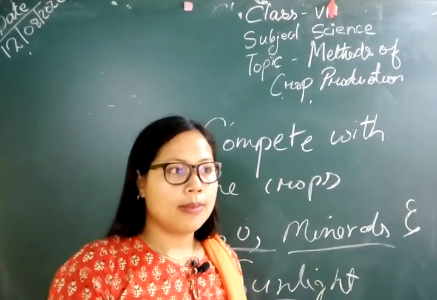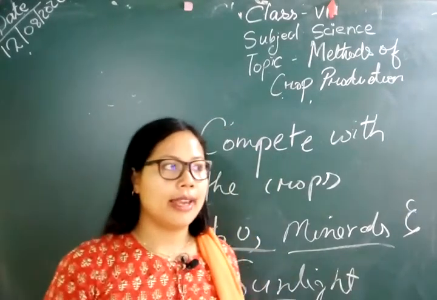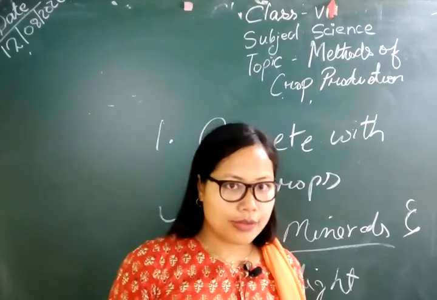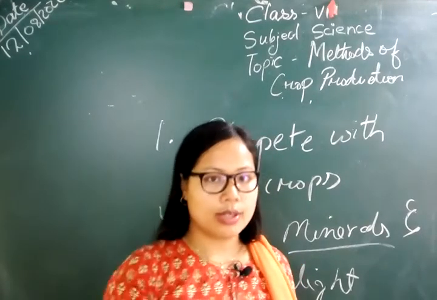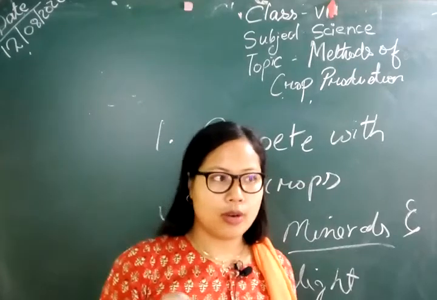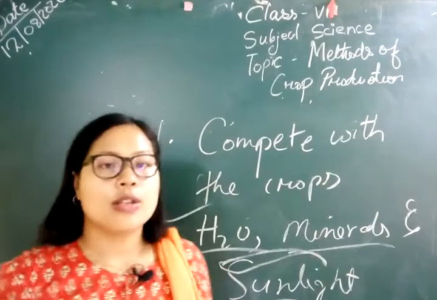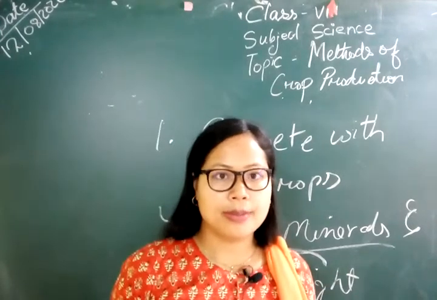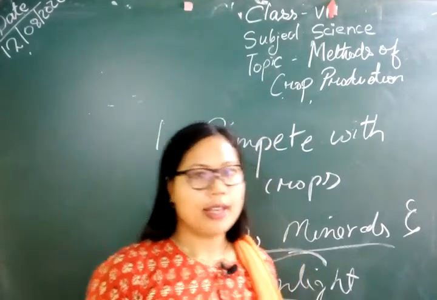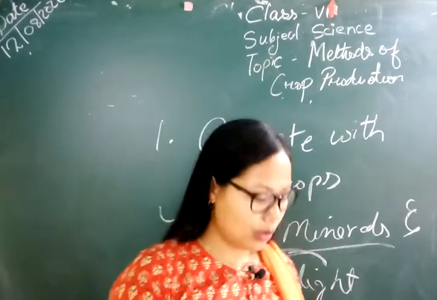When the crops are not at the perfect distance, and weeds are included, there will definitely be deficiency of these important things. Ultimately your crops will die, or you will get less yield of crops.